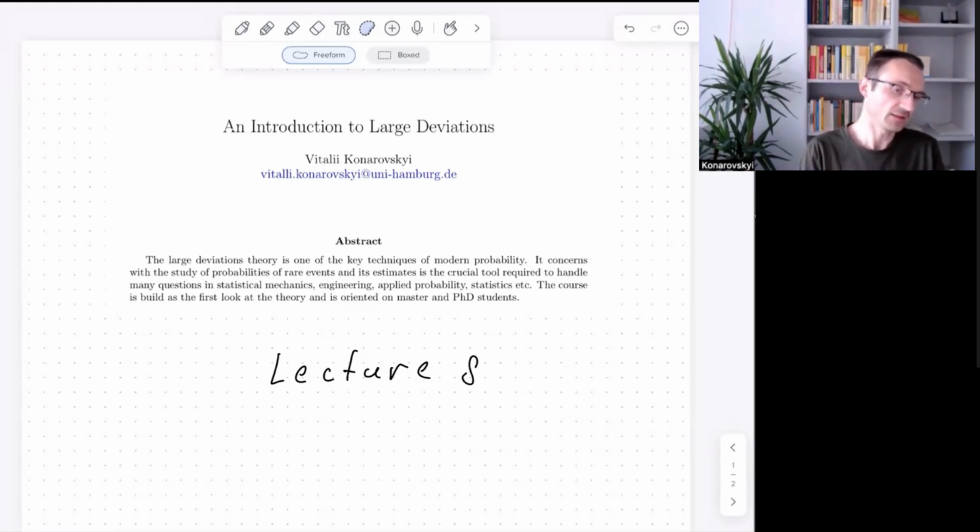There is still something that we didn't have time to discuss, and this lecture today will be devoted to finishing the proof, and in particular, we will talk about the exponential tightness, and we will talk about some variational equality which appeared last time. But we will do everything step by step.